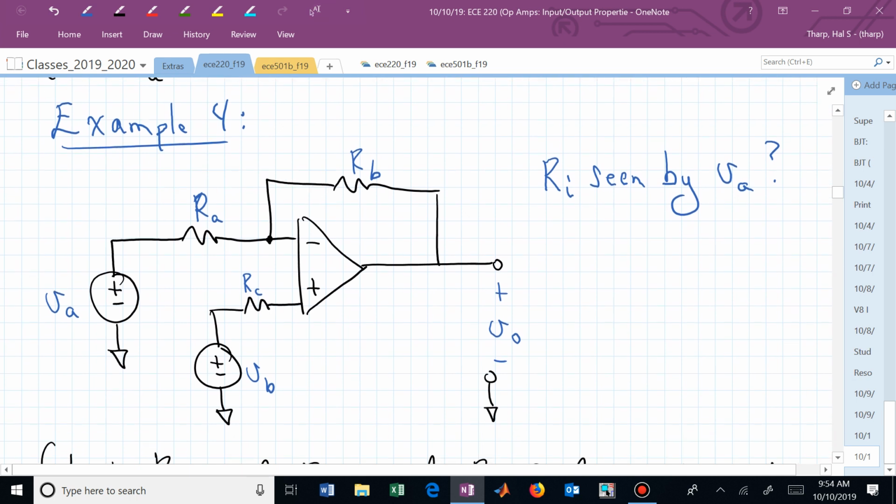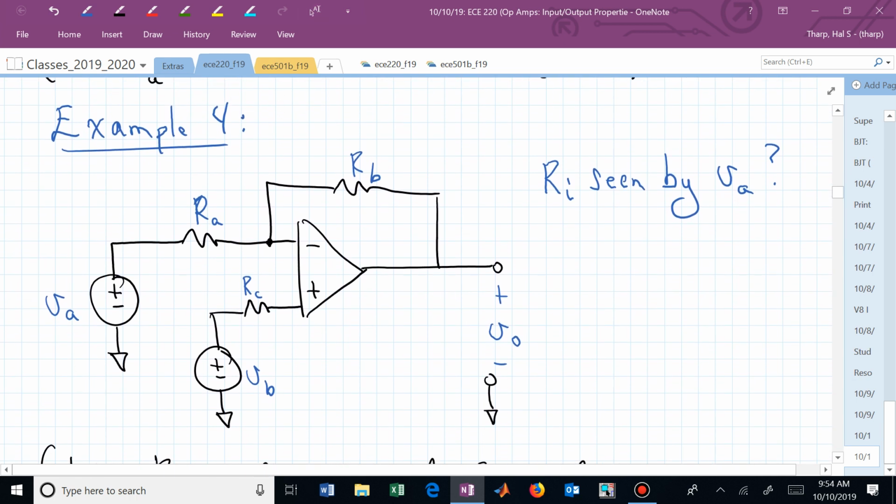Example 4. Okay, let's now say R sub I sub A. Come on, you gave me this before. Wasn't this, what was this? Well, not quite. Now it's interconnected a little different, and now I have two different voltage sources, one connected to the inverting pin and one connected to the non-inverting pin.